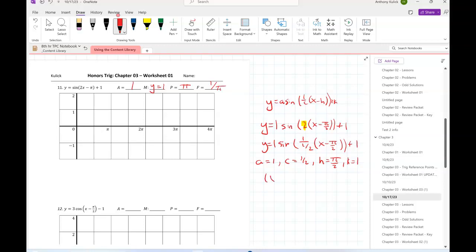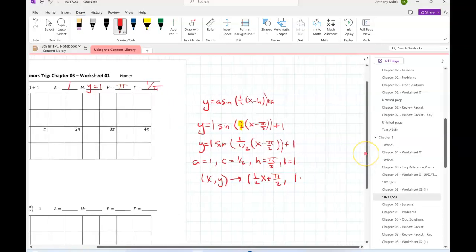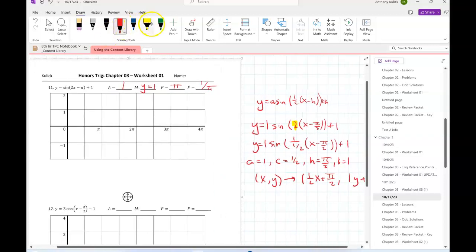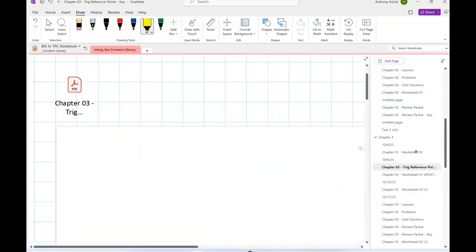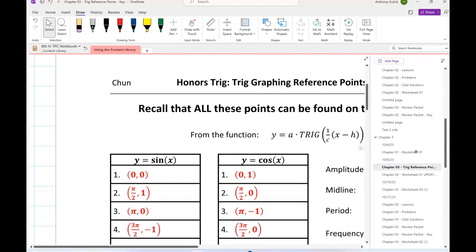So what I'm going to do now is write my transformation map, which is always cx plus h comma ay plus k. And I'm going to do that transformation to the key points for sine. So I'll go to my reference point sheet, and I'll look at the reference points for sine.